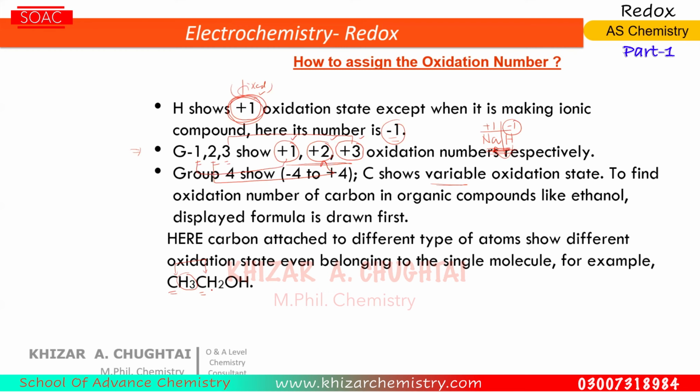This carbon has 2 hydrogens, 1 oxygen and 1 carbon. So they have different atoms attached to them and different oxidation states. Their oxidation numbers will never be equal because their neighbors are different. So there is a different method, not the simple or normal method.